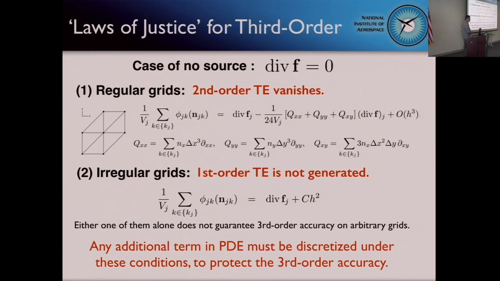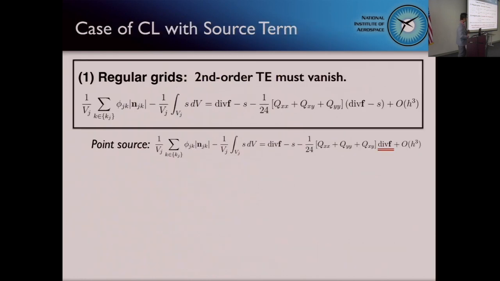So any additional term, source term or viscous term, must be discretized under these conditions in order to preserve the third order accuracy. If you break any of these, you lose third order accuracy completely. So in the case when we have a source term here, the discretization should produce second order error in this form, so that when the exact solution is substituted, this divergence f minus s is 0, and this is also 0.